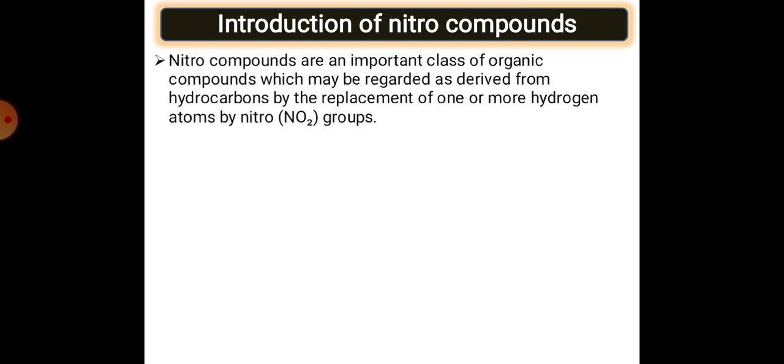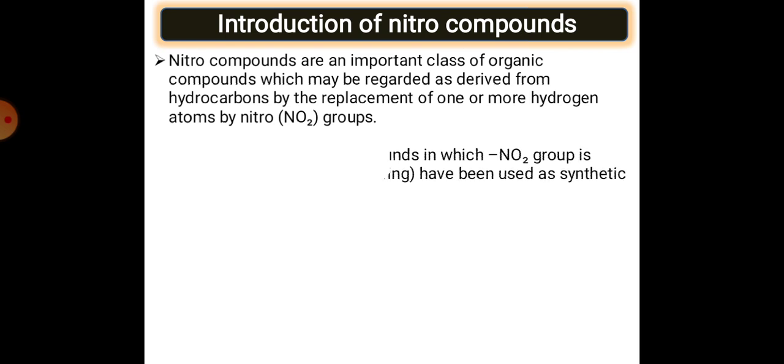Based on the type of hydrocarbon, if we use simple alkanes, the resulting compounds are aliphatic nitro compounds. If we use a benzene ring or aromatic skeleton as the hydrocarbon, it results in the formation of a nitroarene, also called an aromatic nitro compound or nitrobenzene.